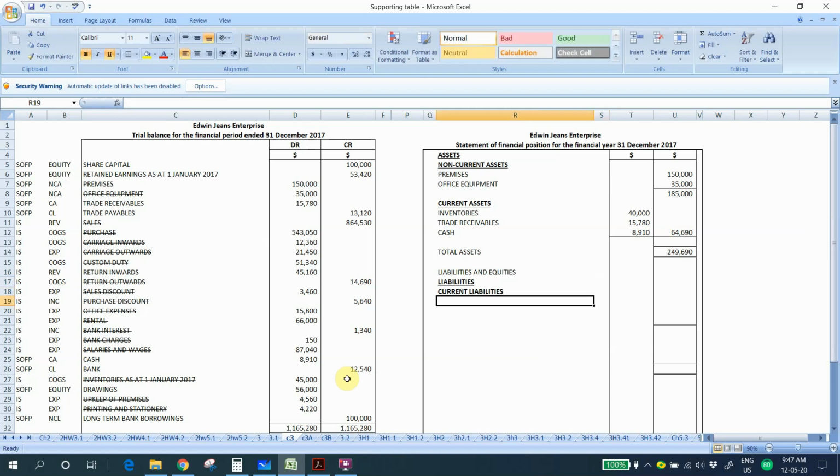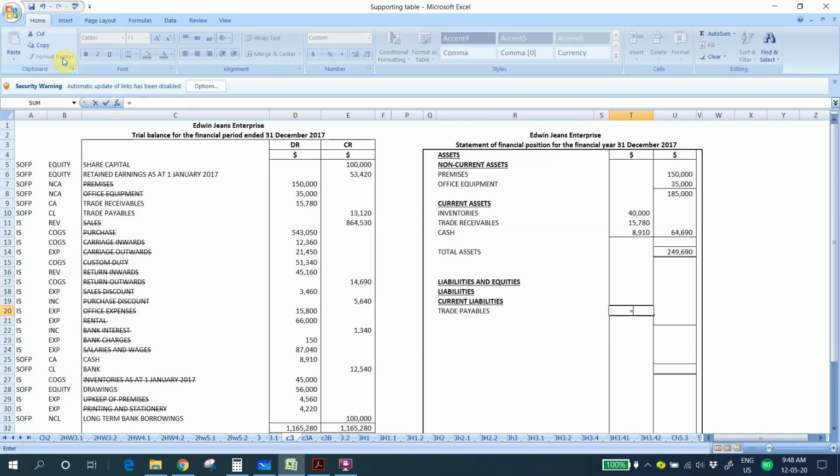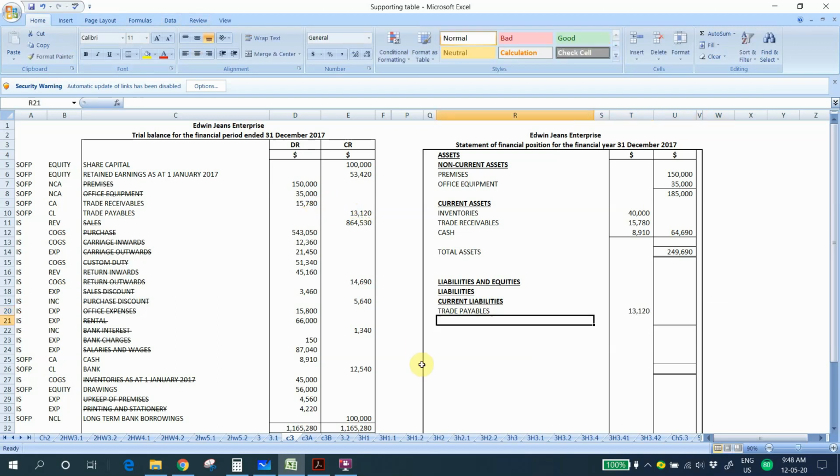And then what do we have? We have trade payables, $13120, and then we have bank.